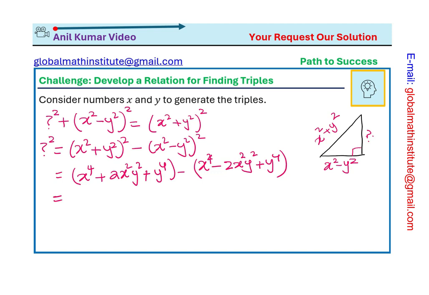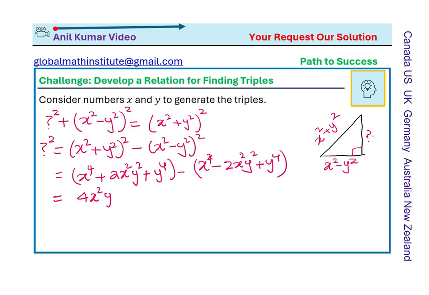From here, you can see all the terms cancel except for the 2x square y square terms, and we do get 4x square y square. That gives you the unknown as the square root of 4x square y square, which is 2xy. So we got the value of one of the legs of the triangle from this strategy.